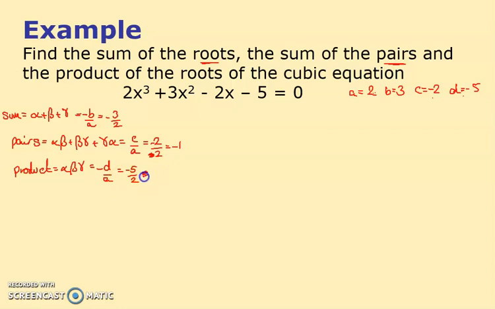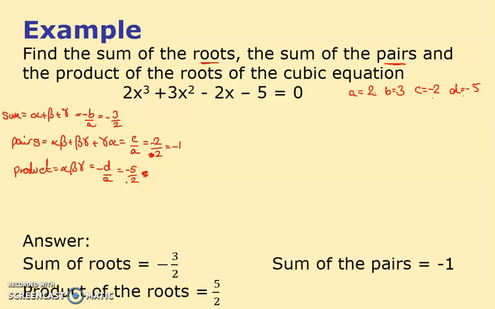Minus 2.5, I suppose. Product. I think I missed out a minus here. So that should have been minus 5. Oh, no, it's not. I did it right. But I did it wrong here because it's minus D and it's minus 5. Therefore, it's plus 5 over 2. So that is now right.